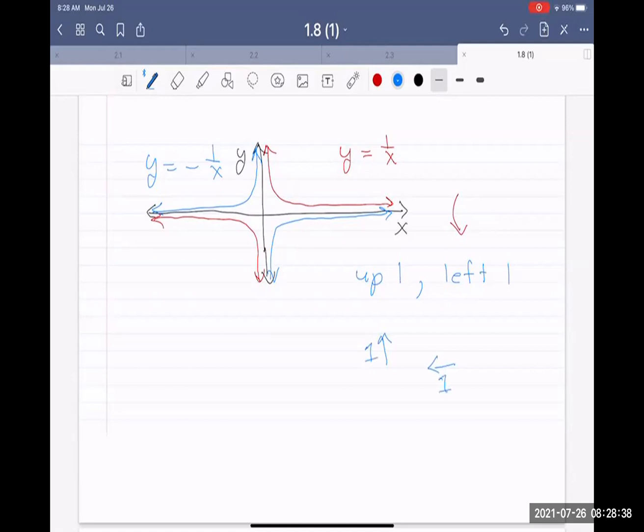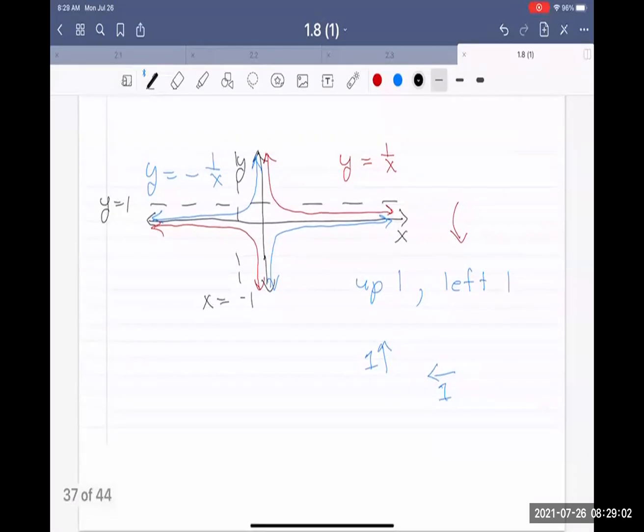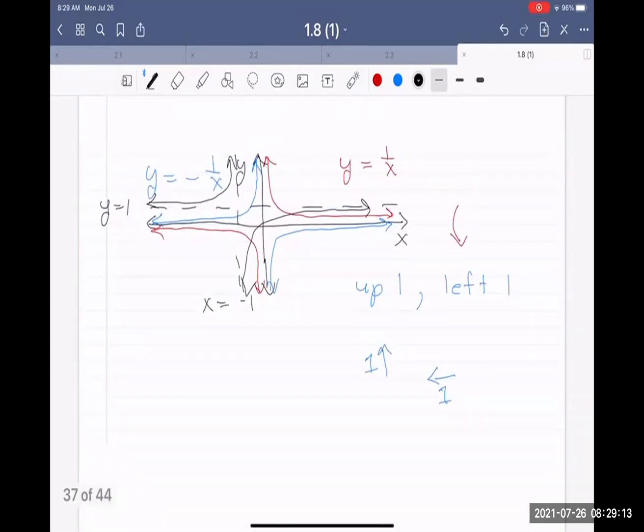Okay, so let's say this is y equals 1, and to the left 1, so this will be x equals -1. And it's the blue. So it's like this and like this.